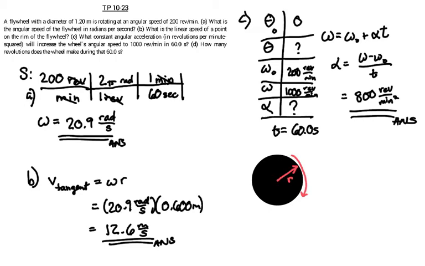Okay, well, we learned in translational kinematics that if my acceleration and my velocity had opposite signs, i.e. the acceleration was pointing in the negative x direction and the velocity was pointing in the positive x direction, then that meant I was decelerating. If my velocity was in the negative x direction and my acceleration was in the positive x direction, I was still decelerating. Well, we see the same thing with rotational kinematics.